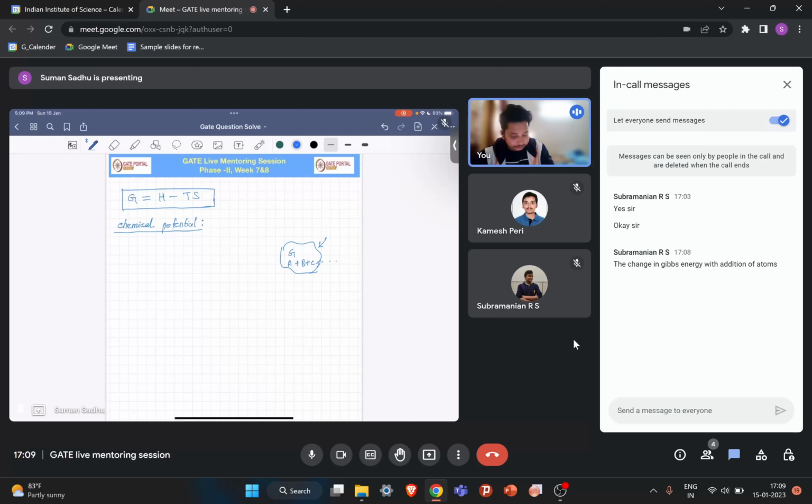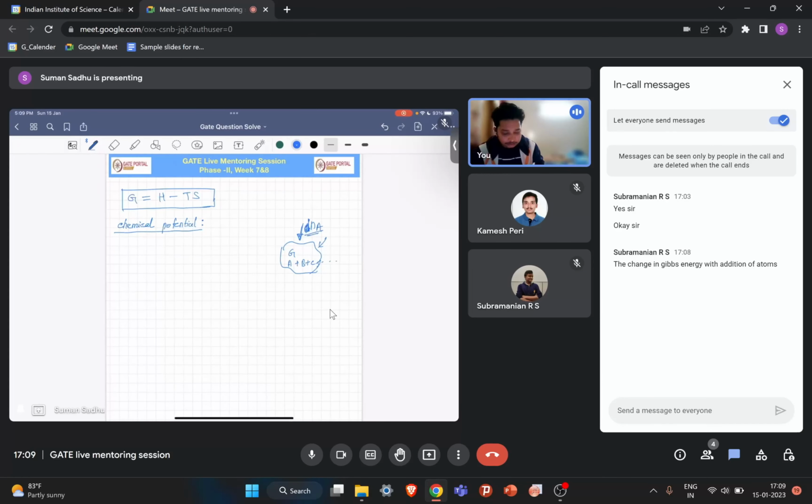Now you are adding dn moles of A atom. Chemical potential is defined as the change in free energy per mole of addition of an element at constant temperature and pressure. That is also important.